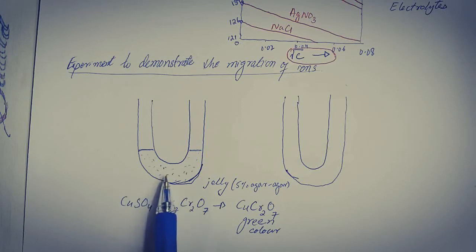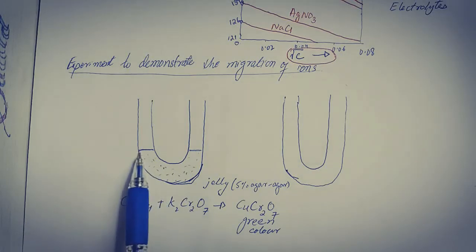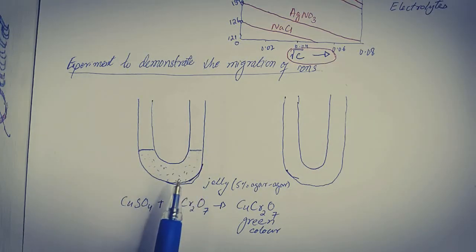After this green colored jelly is obtained by the uniform distribution of copper chromate within the pores of this jelly, there are two limits.